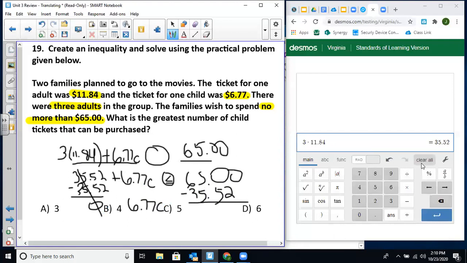All right, let me use Desmos. We have 65 minus 35.52. Well, that gives me 29.48. Now to solve for C, I'm going to divide by 6.77 on both sides.